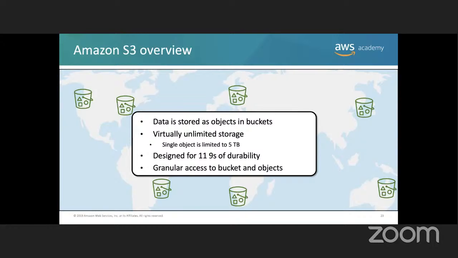Those notifications can be sent to you, or they can be used to trigger other processes, such as a Lambda function, which would perform an operation for you. So as you can see, it's a very heavy duty storage solution.